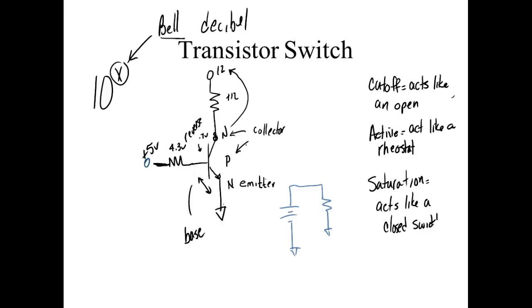So 2 bells would be 20 dB, 3 bells would be 30 dB. But if I wanted the actual number, I would move it to the left and then raise 10 to that power.